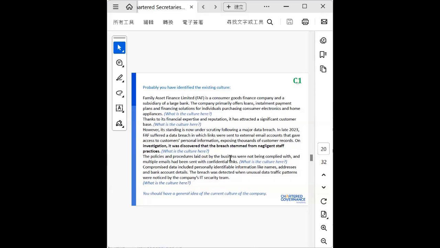And finally, it says the compromised data include personally identifiable information. That really says there's a little bit of remaining strength in this company in the technical vigilance and operational monitoring.